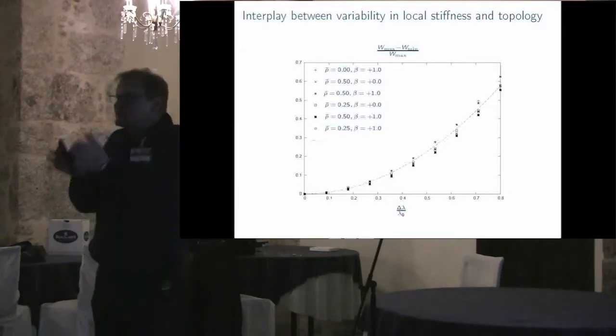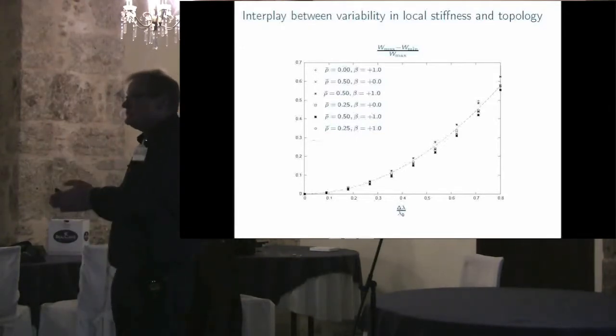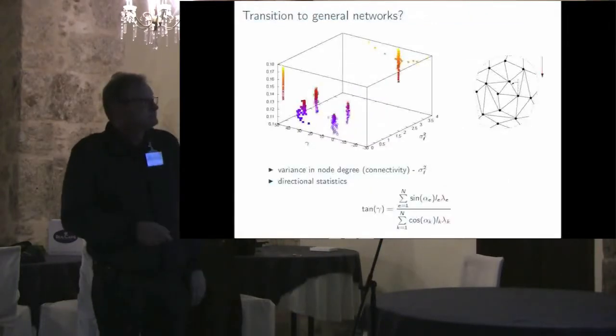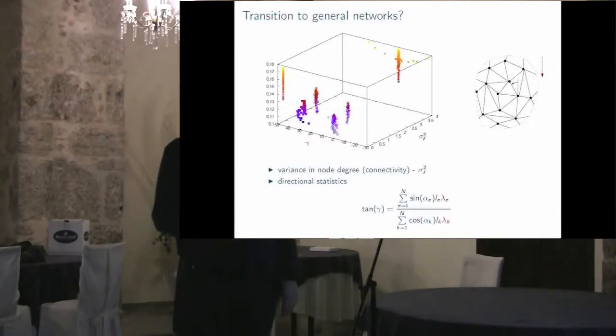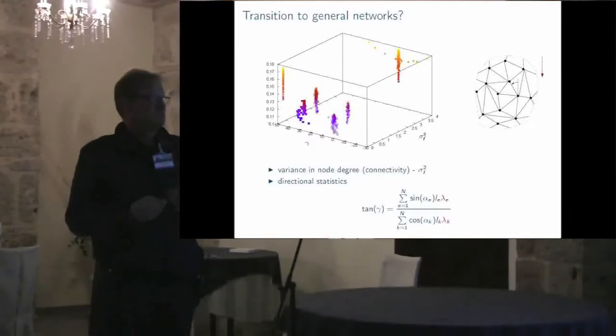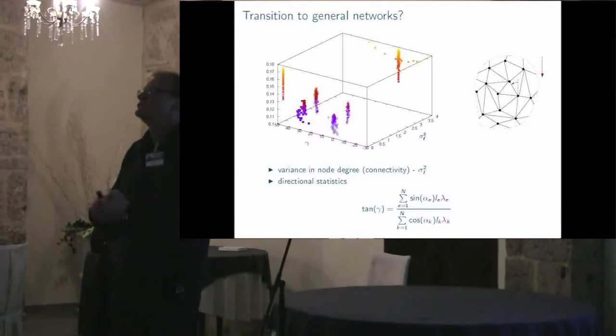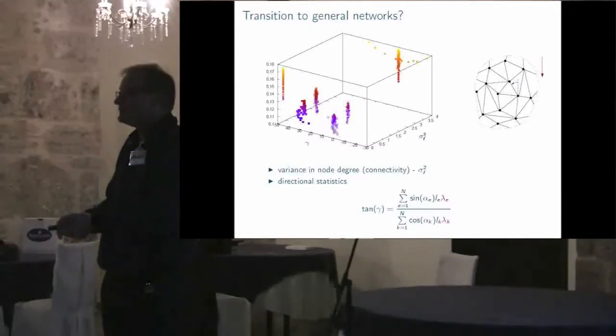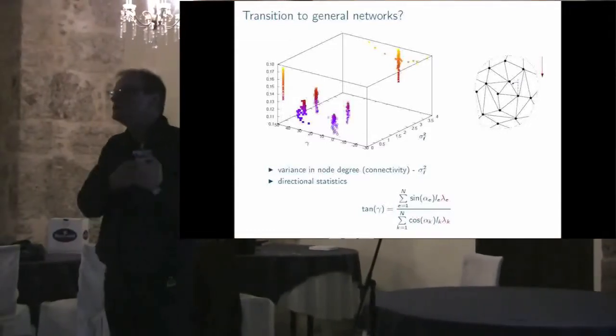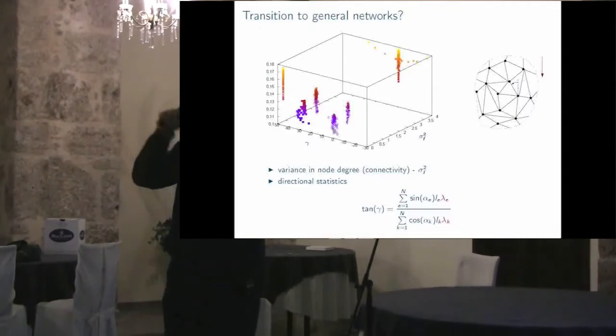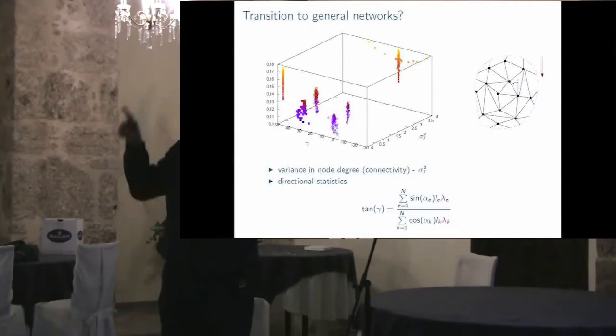With respect to the transition to general networks, unfortunately at the moment the only thing I can show you is what does not work. As I already mentioned, general networks, for instance networks you generate by Delaunay triangulation, do not have this nice quadratic cell structure.